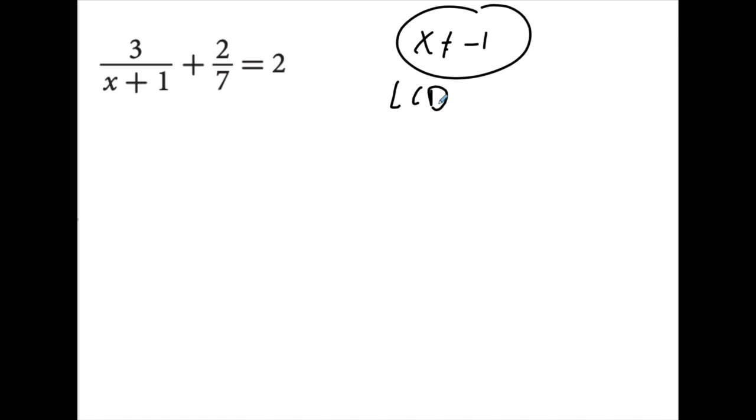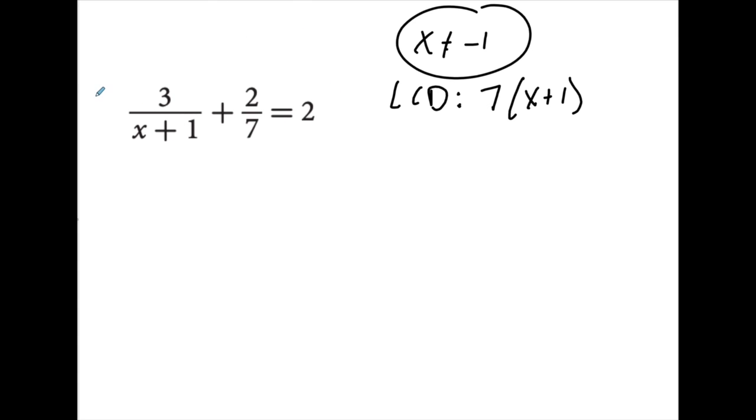Okay, so think about the least common denominator. What would I have to multiply through by so that I could eliminate every single denominator and not multiply by too much? It would have to be 7 to get rid of the 7 there, and then x plus 1. So I'll come through and do that. 7(x plus 1), 7(x plus 1), 7(x plus 1).